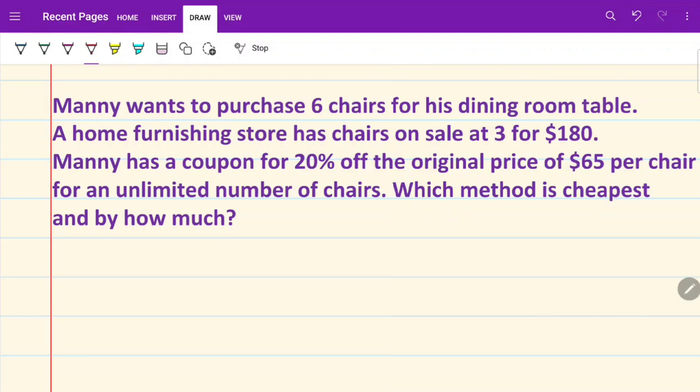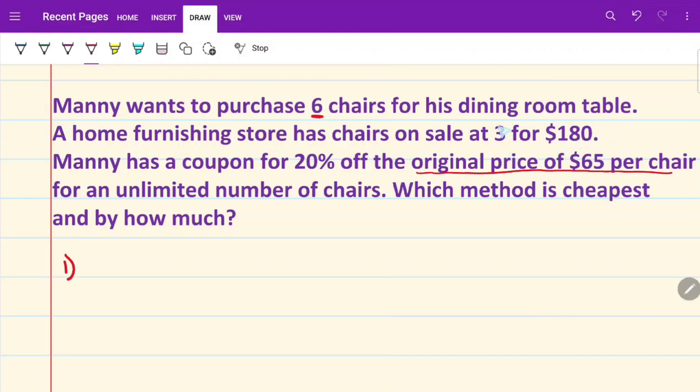All right. So first I'm going to look at the data and the information provided to us. We know that Manny needs to buy 6 chairs, and the original price of each chair is $65. And there are 2 options available to purchase the chairs. The first one is buying 3 chairs for $180.